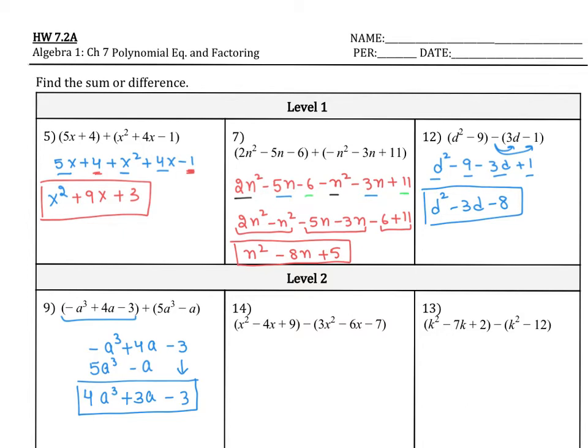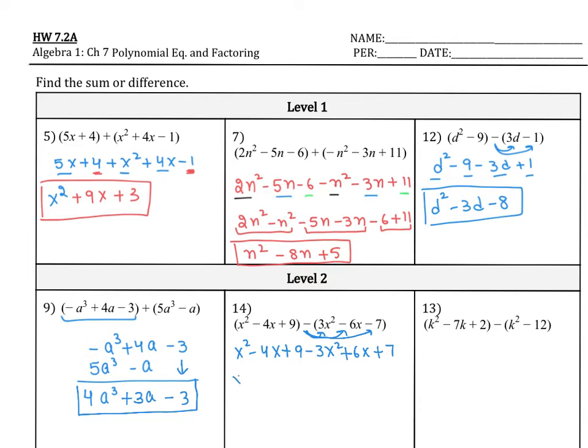I'm going to do the same thing for level 2, question number 14. x squared minus 4x plus 9. Distribute the negative, so negative 3x squared plus 6x, and distributing the negative with the negative 7 is positive 7.